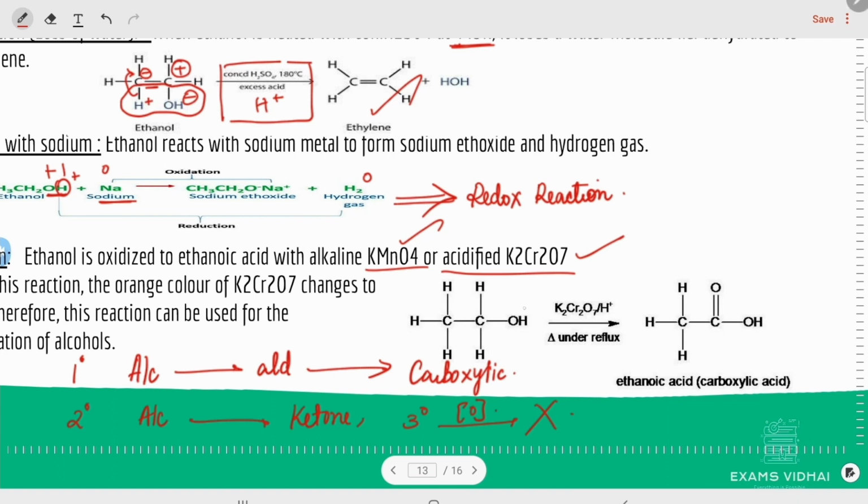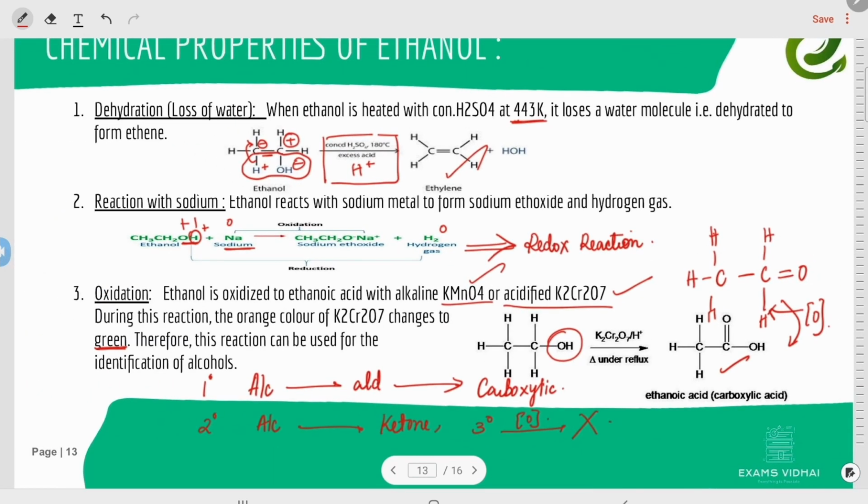Therefore, this H will be removed and this OH will be removed and we'll get HCH double bond O. And now another oxygen will act and this will form this compound. This oxygen will attack this position and we'll get carboxylic acid as the last compound, and this is the ethanoic acid, which is the final product.